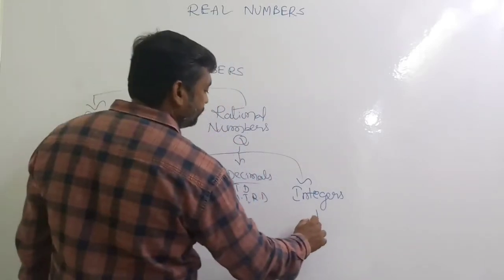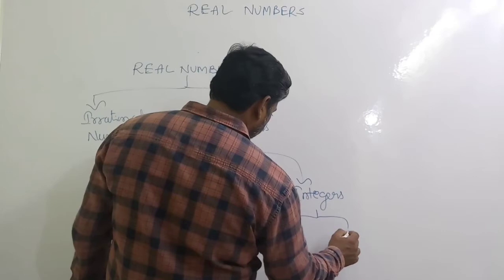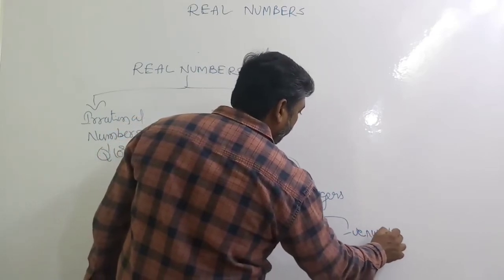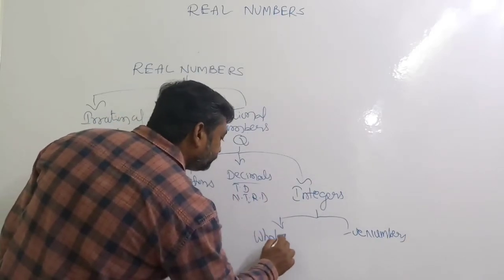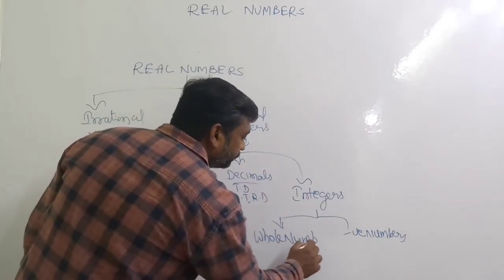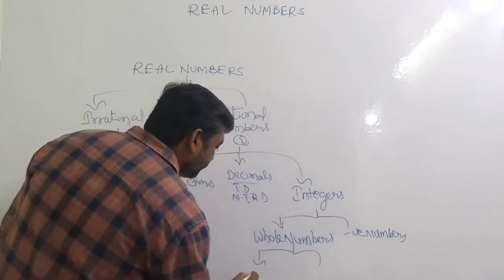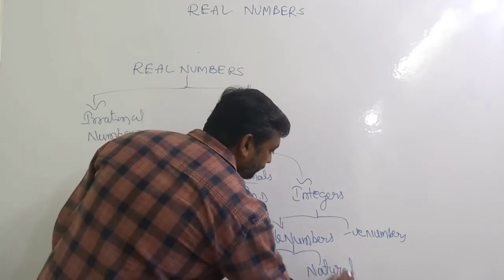In integers we have negative numbers and whole numbers. In whole numbers we have 0 and the set of natural numbers.